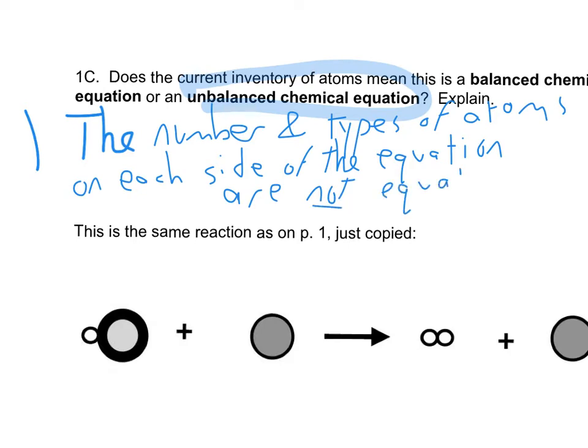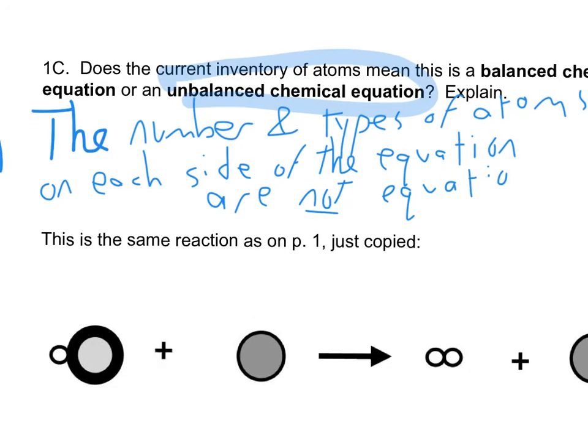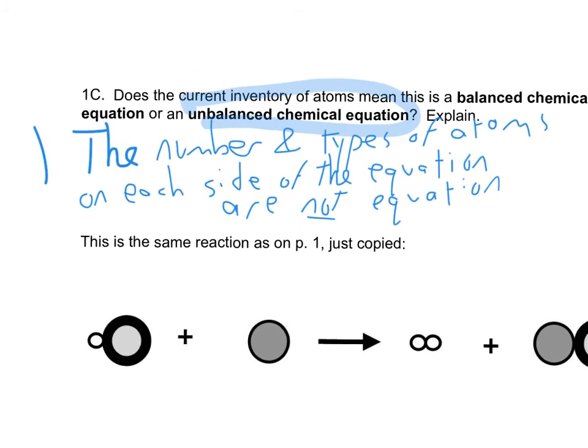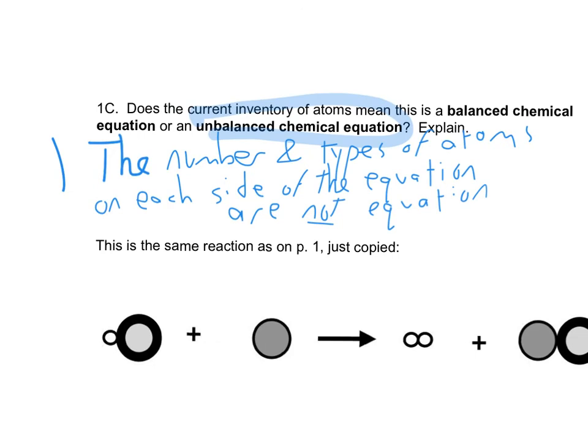So again, we recognize that we have the same list of atoms. That's requirement number one, because we can't create new atoms during a chemical reaction, but the number of each type of those atoms is not the same, therefore it's unbalanced. Okay.